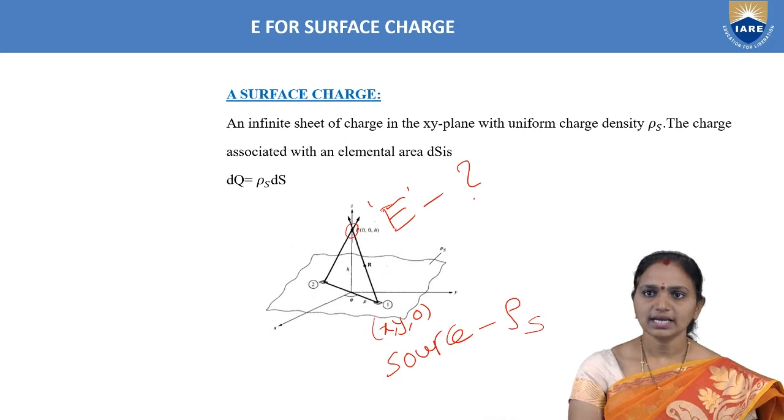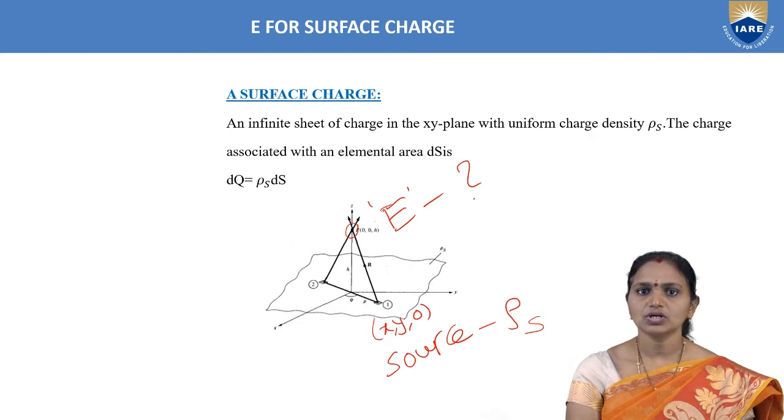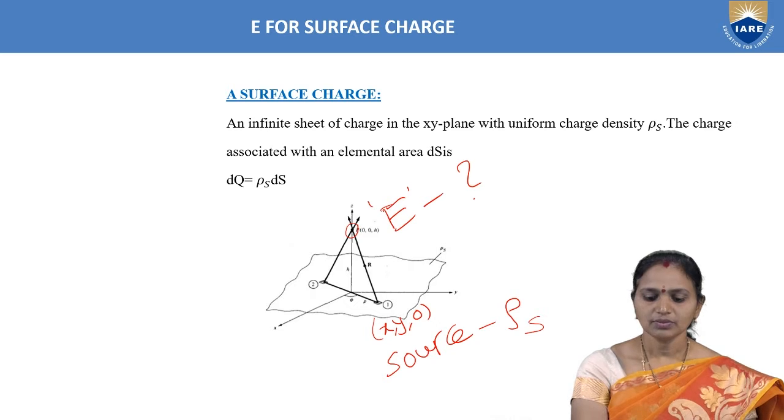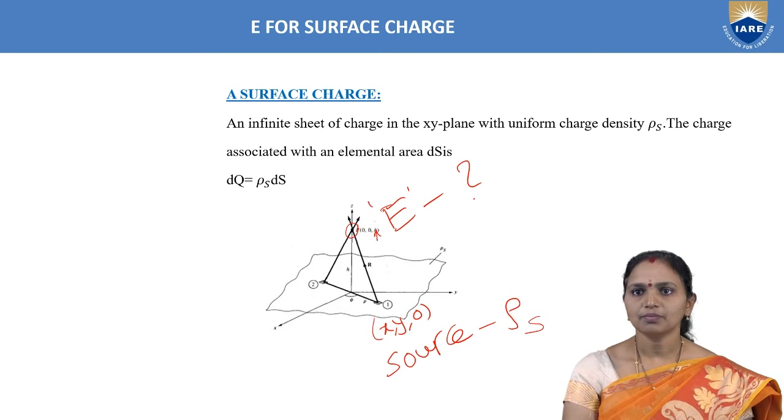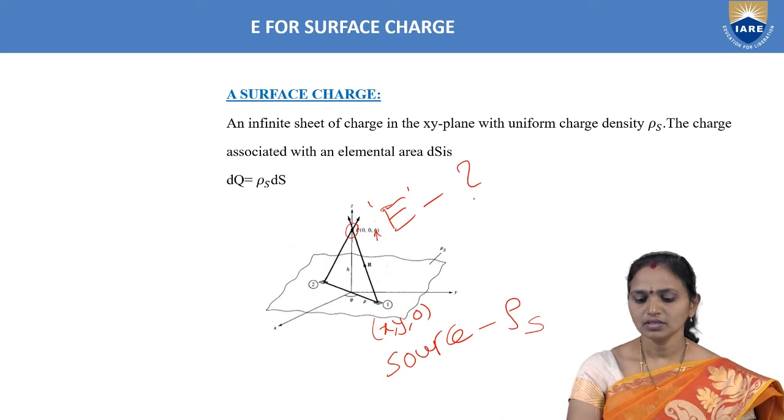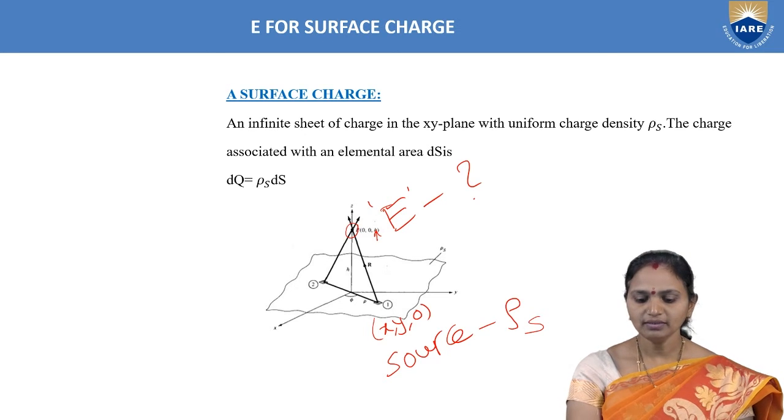A point on the z axis we can generally take as 0, 0, z, because both x and y coordinate variables are zeros. We have only the z coordinate variable, and here point P is located at a distance of h units from the origin. So point P is 0, 0, h. This is about the arrangement.